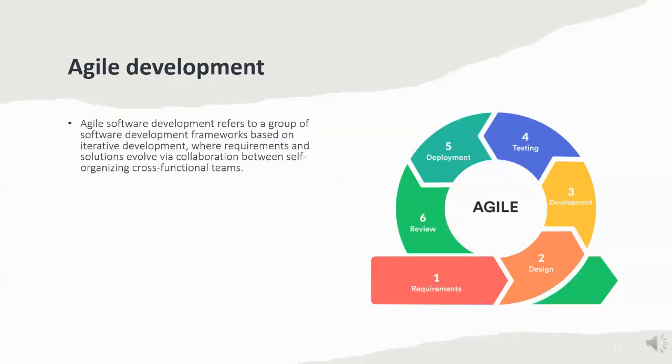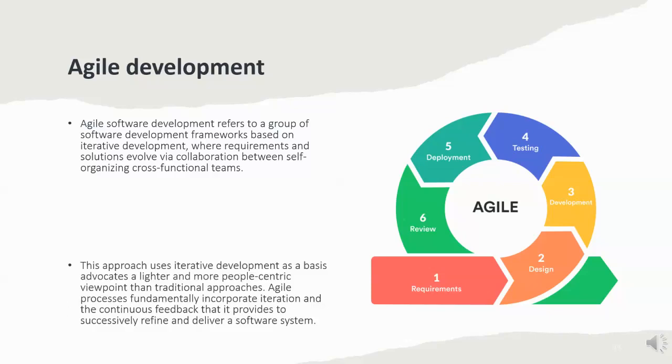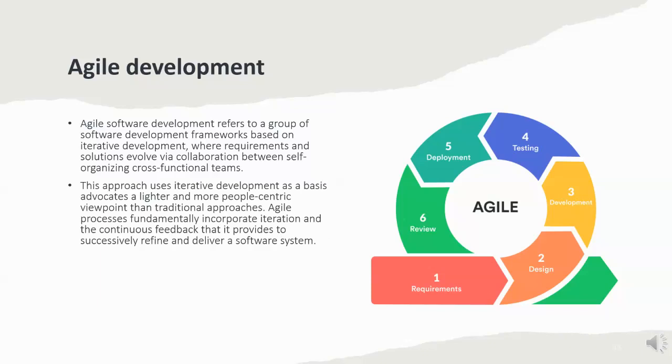Another software development methodology is Agile Development. Agile software development refers to a group of software development frameworks based on iterative development where requirements and solutions evolve via collaboration between self-organizing cross-functional teams. This approach uses iterative development as a basis, advocates a lighter and more people-centric viewpoint than traditional approaches.